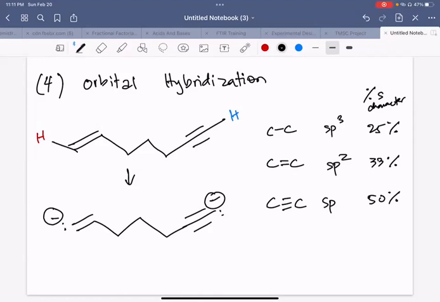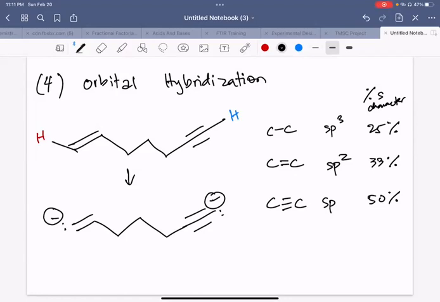The higher the S character, the stronger the bond is. Why is S character the determining factor? Because the higher the S character, the closer the orbital is to the nucleus.